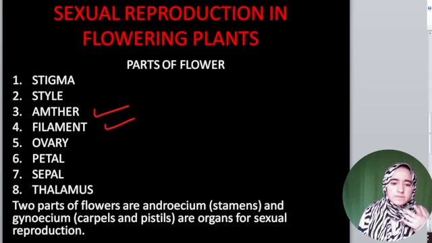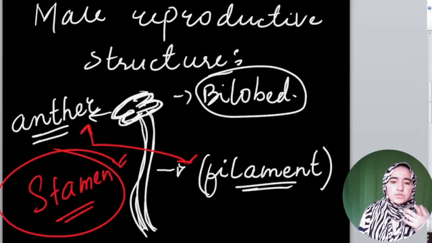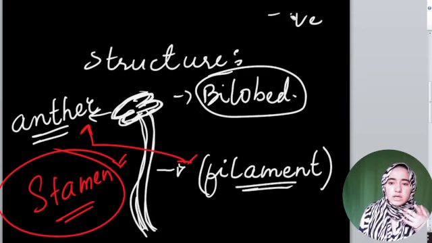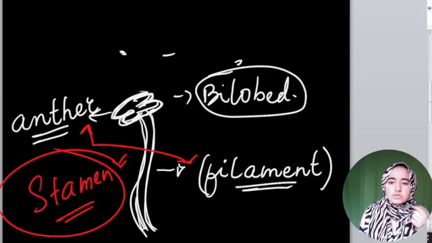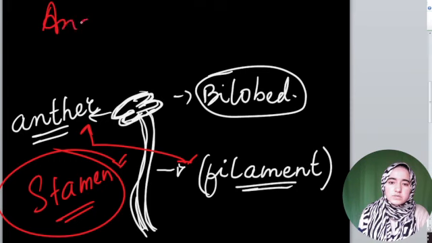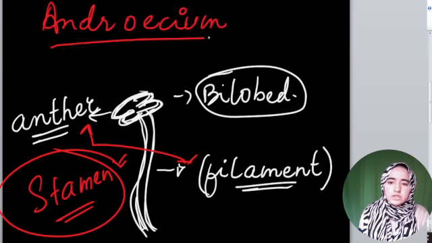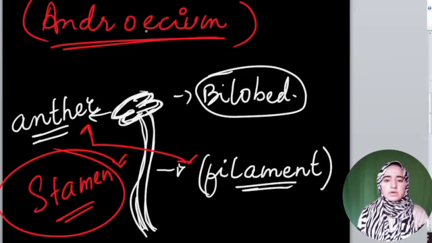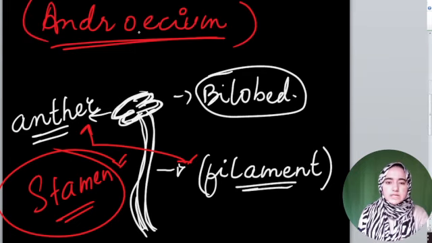Now we will see the male reproductive structure, which is known as androecium. Please remember, the male reproductive structure is known as androecium. I hope this concept of androecium is clear.